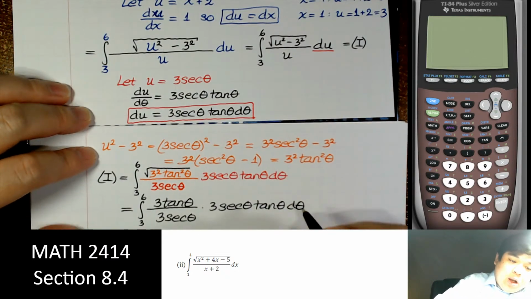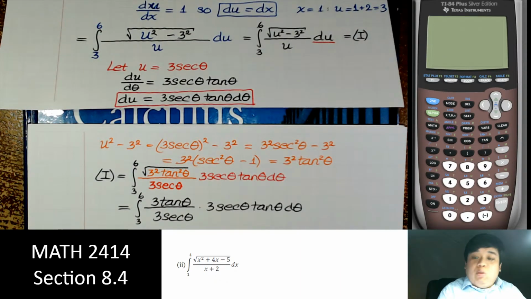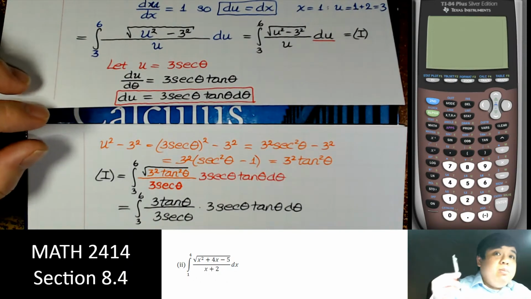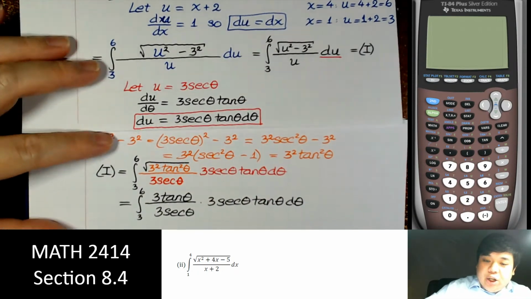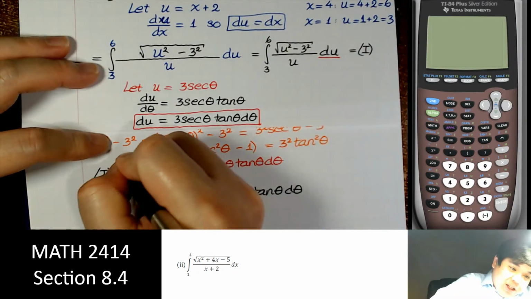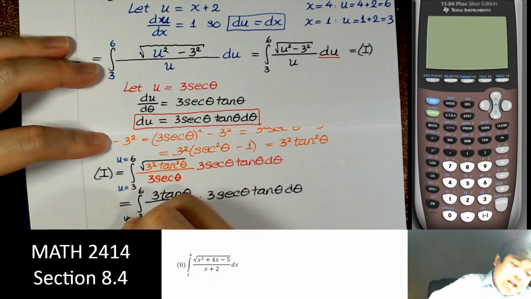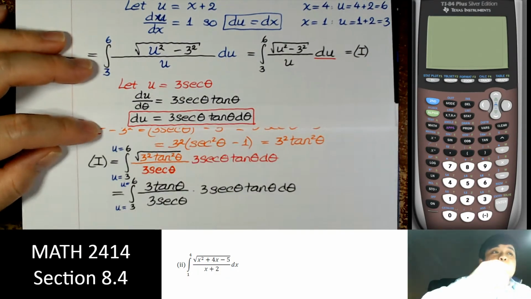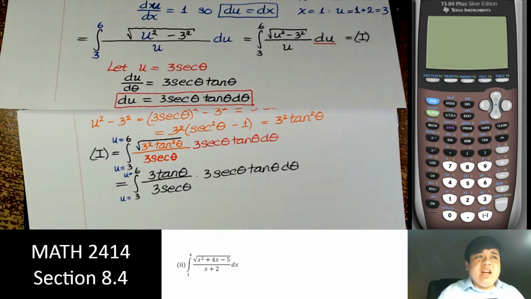Right. So that's good, but we just need to pay attention to one important thing. We did not make any change in the limit. So whatever the limits 3 and 6 here, that is u. So we're just going to write that the limit is equal to u because we haven't changed it yet. Usually when we make a substitution, we change the limit too. But it's complicated enough. Just keep it as is. Worry about that later.